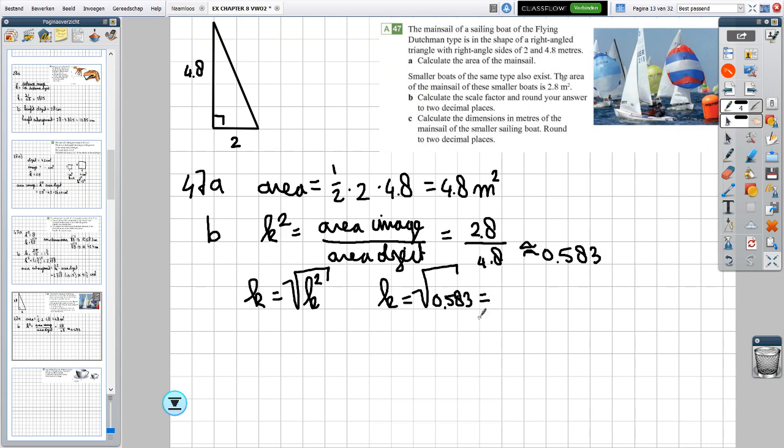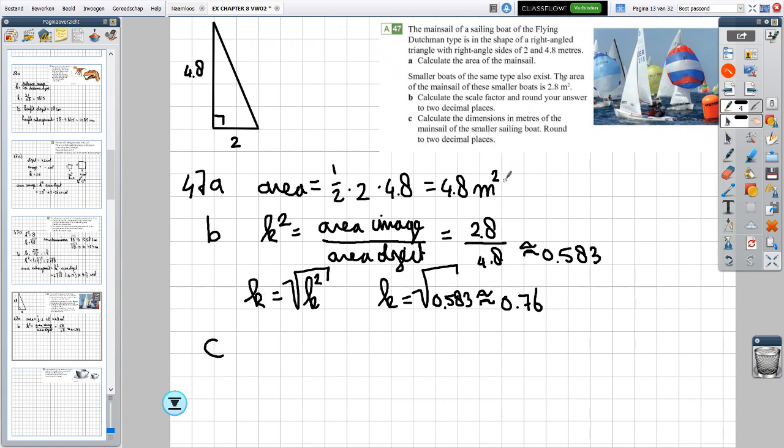And if I punch this into my calculator, then the scale factor is approximately 0.76. Round to two decimal places. Okay, and that checks out. My scale factor is smaller than 1, which means it shrinks. And that's okay, because the first one is bigger than the second one. That's B, the scale factor, which is always k, not k squared.